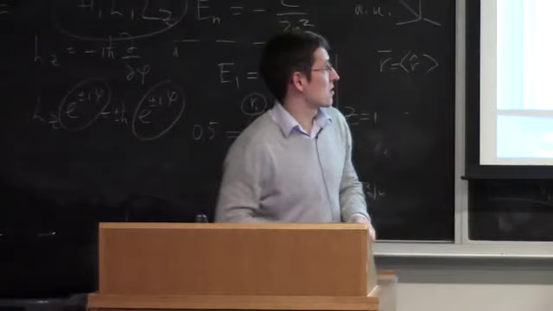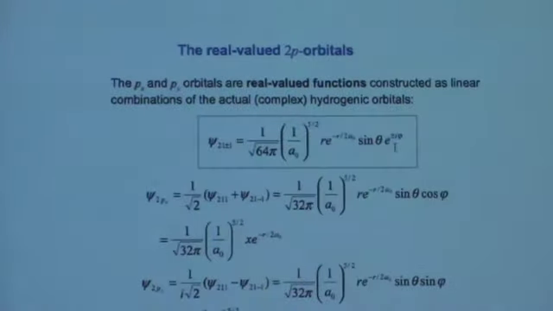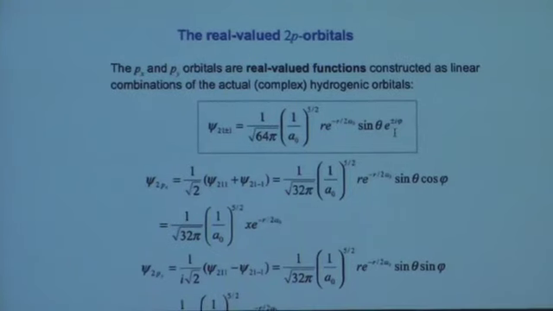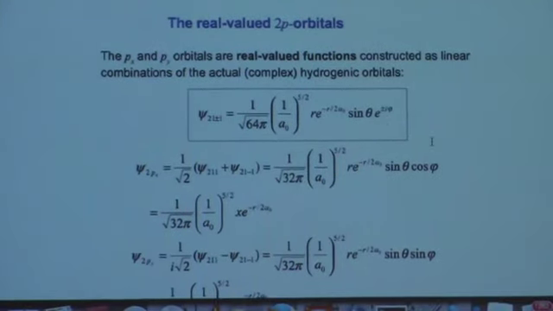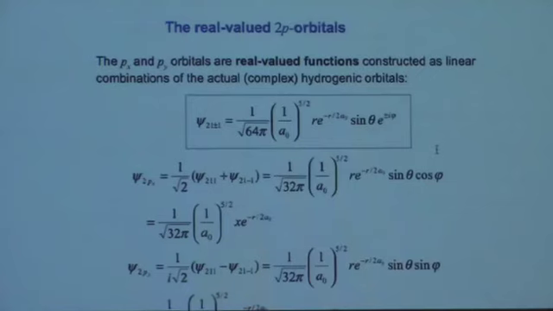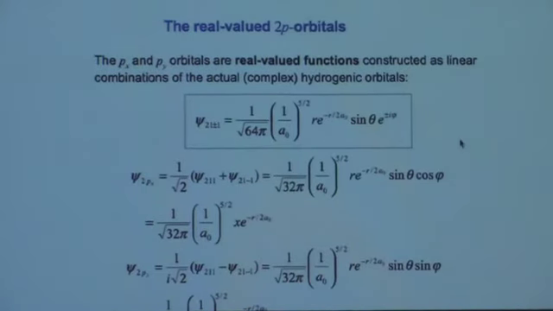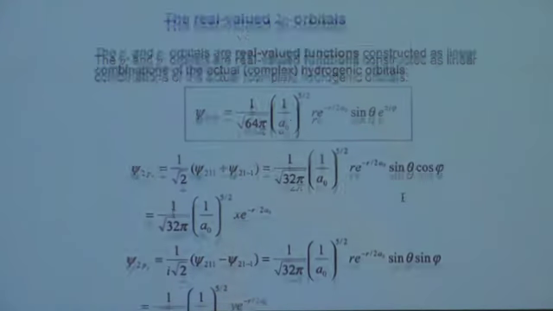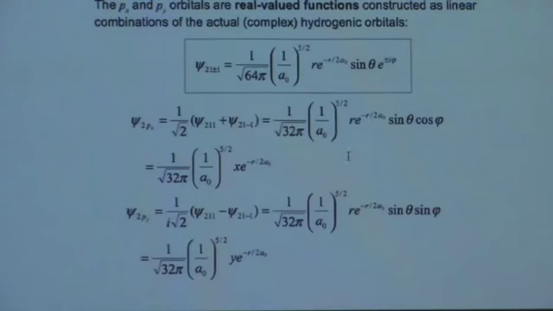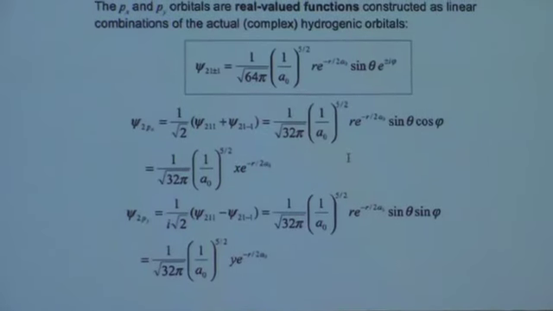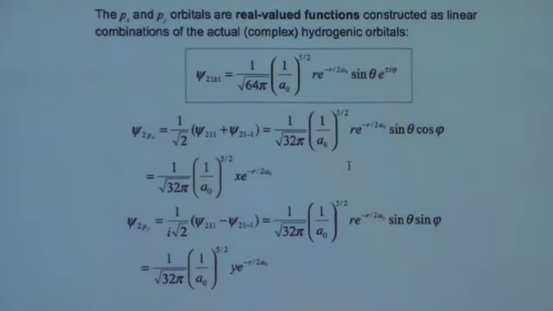But this exponent of i phi, according to Euler's expression, produces real and complex parts. Now it's not fun to have complex functions, or at least people are kind of suspicious about them, right?